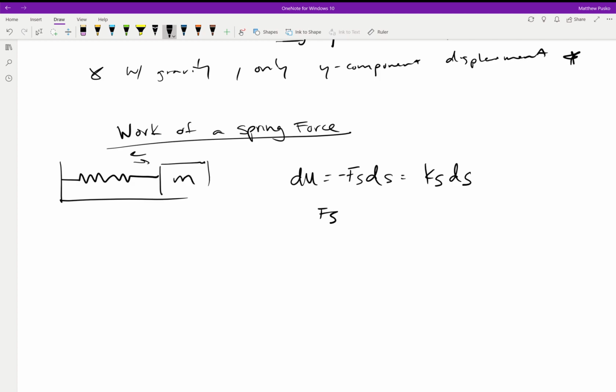The spring force is equal to the spring constant times delta s. That is not a subscript s, that is a function of position s. Now let's say that the work from 1 to 2 is equal to the integral of this.